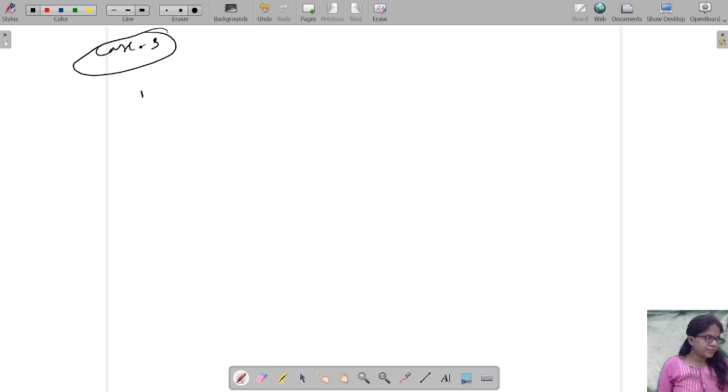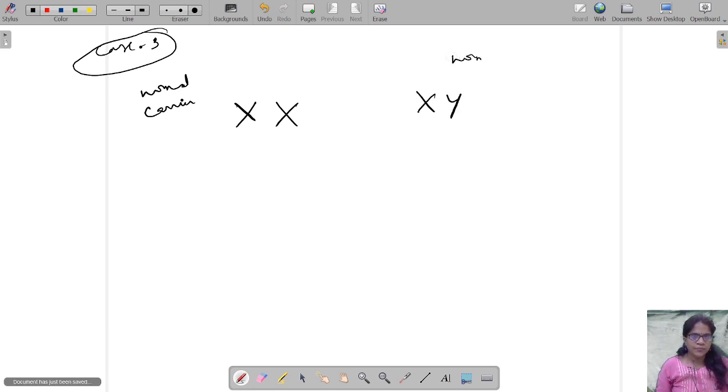For example, a normal carrier. So a carrier is in the heterozygous condition, and okay, these are normal males.